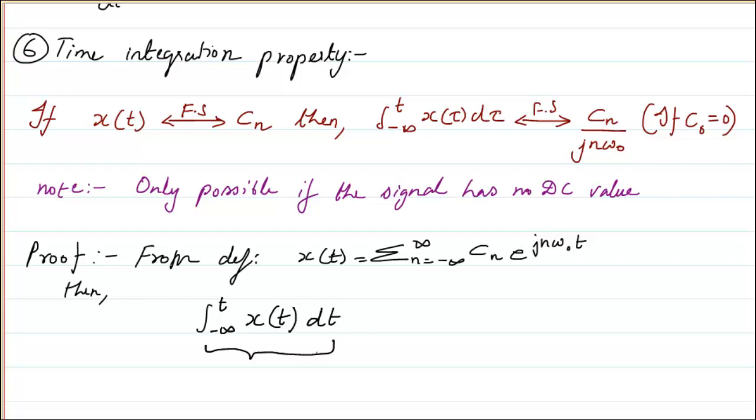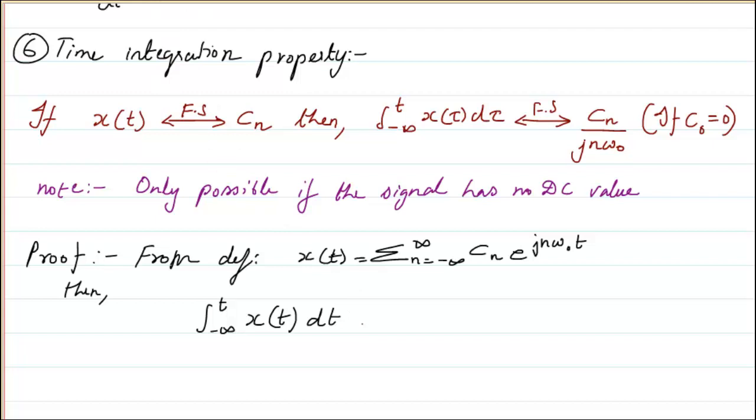Now I told you already, if it is a periodic signal and you do not have the positive and negative parts, suppose this kind of signal, which is also periodic but does not have any negative area, only positive areas, the integration would actually come out to be infinity, isn't it? So in that case I cannot do this. So I will say that this is possible only if this is the condition. Okay, only if this is the condition.